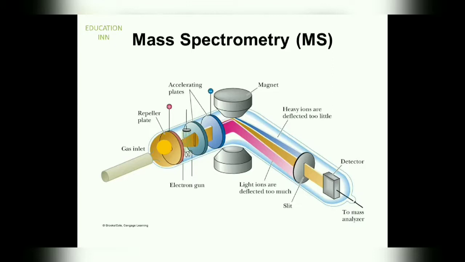Once the sample has entered, it passes through various chambers and is collected on the slit or collecting plate. You know that different isotopes have different masses, so all of these isotopes fall on different positions on the slit.